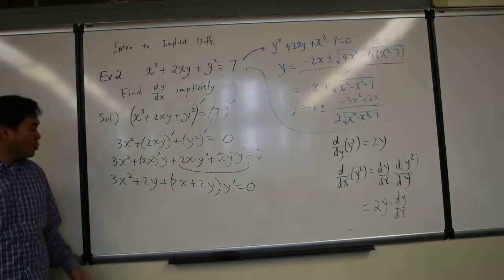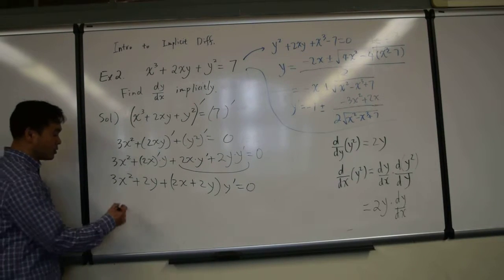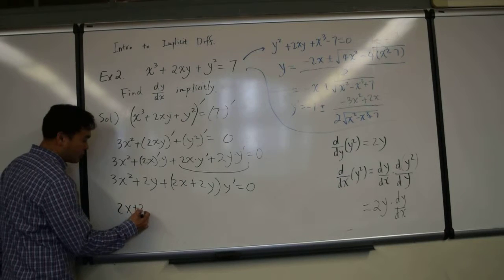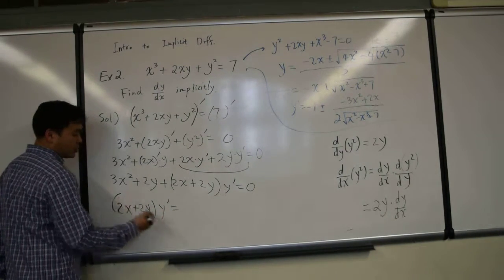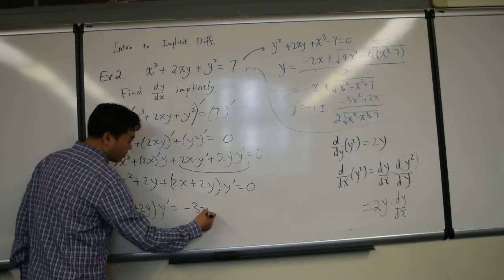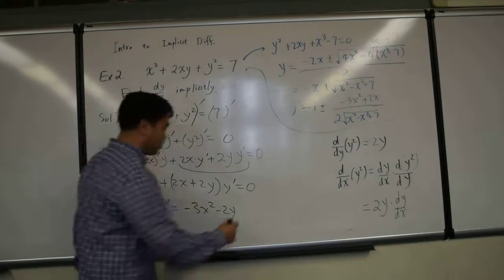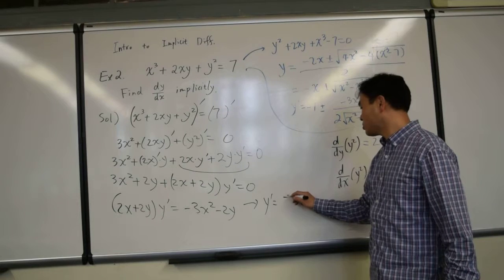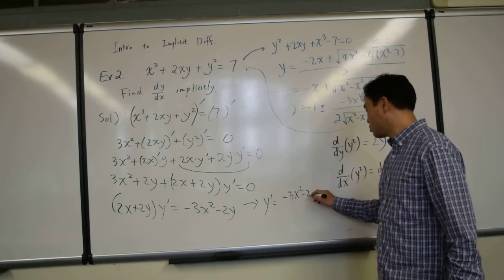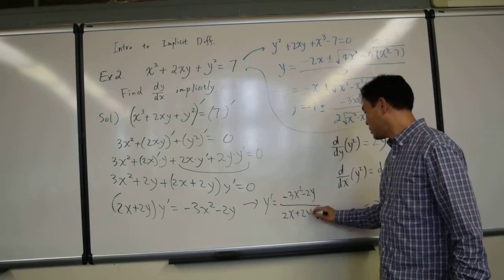Okay? And the ones that are not gathered with the y primes move to the other side. Okay? So we have (2x plus 2y) times y prime is equal to negative 3x squared minus 2y. And then finally you divide and that's your answer. So y prime is therefore equal to (negative 3x squared minus 2y) over (2x plus 2y).